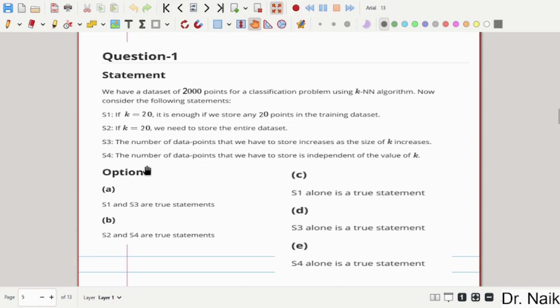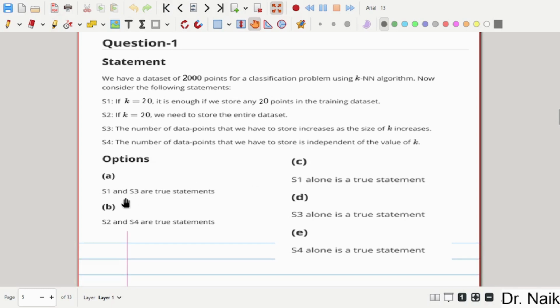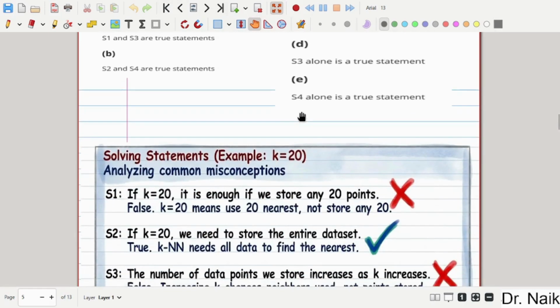And statement 4: the number of data points that we have to store is independent of the value of k. The options given to us are: option A, statements 1 and 3 are true. Option B, statements 2 and 4 are true. Option C, statement 1 alone is true. Option D, statement 3 alone is true. And option E, statement 4 alone is true.